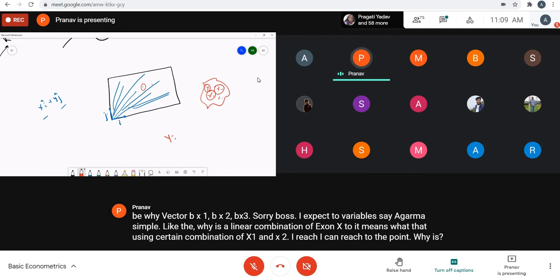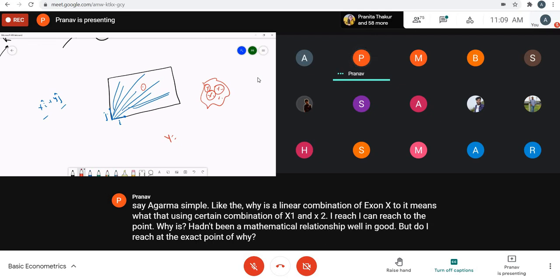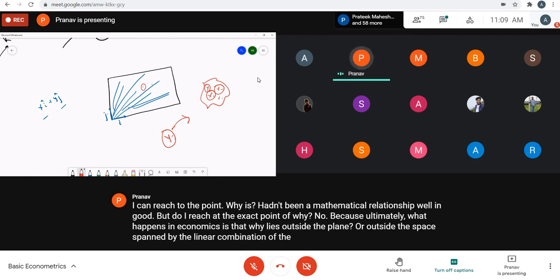Had it been a mathematical relationship, well and good, but do I reach the exact point of y? No. Because ultimately, what happens in econometrics is that y lies outside the plane or outside the space spanned by the linear combination of the explanatory vectors.